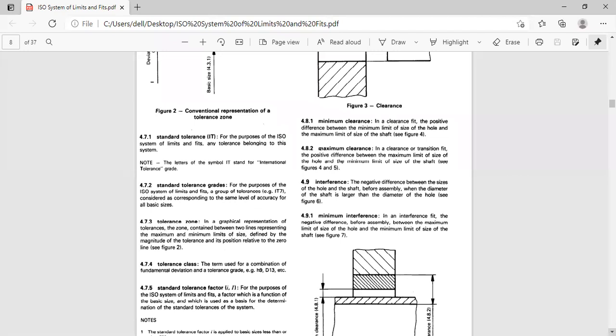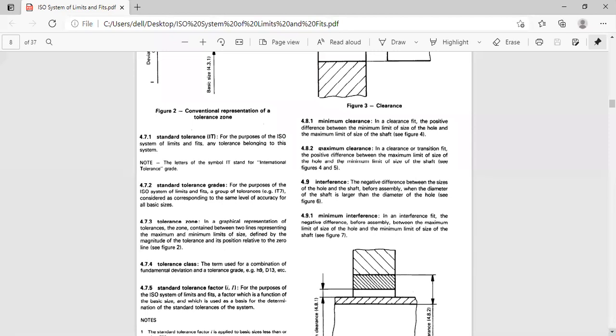You have to know all this. Minimum clearance also is in a clearance fit, and it is the positive difference between the minimum limit of size of the hole and the maximum limit of size of the shaft. It is opposite to the maximum clearance.